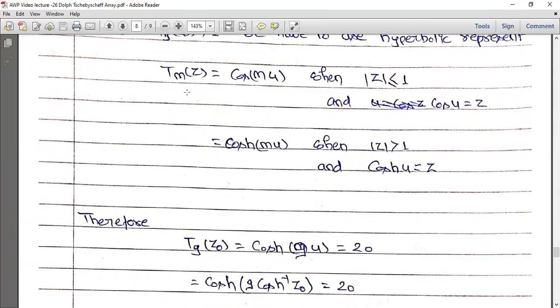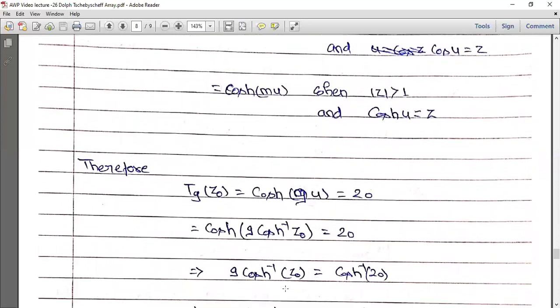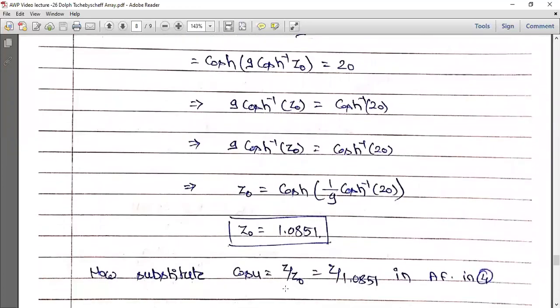Cos hyperbolic definition of Chebyshev polynomial of degree m is Tm z equals cos h mu, defined for mod z greater than 1, where cos h u is equal to z, or u is defined as cos h inverse z. Replacing u by cos h inverse z0, you have T9 z0 equals cos h 9 cos h inverse z0, which is equal to 20. When you solve this using your scientific calculator, you find z0 to be equal to 1.0851.